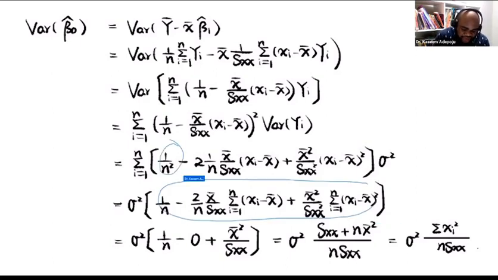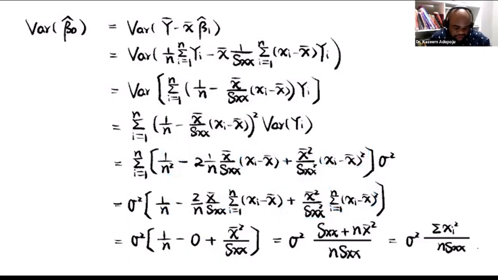Summation turns to n and reduces this. Where there is x minus x bar, summation stays, and because there's x minus x bar squared here, you see summation of that. But where there is nothing like a variable, where we have 1 over n, summation turns to n. That's what we're going to have.